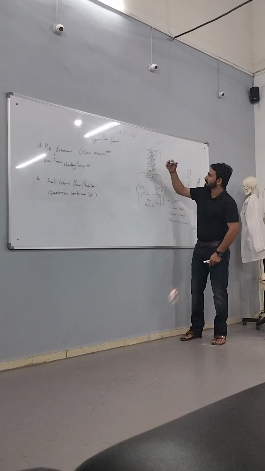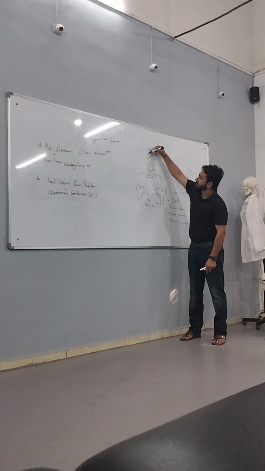Okay, the first one starts from the vertebral column and goes to your rib like this.